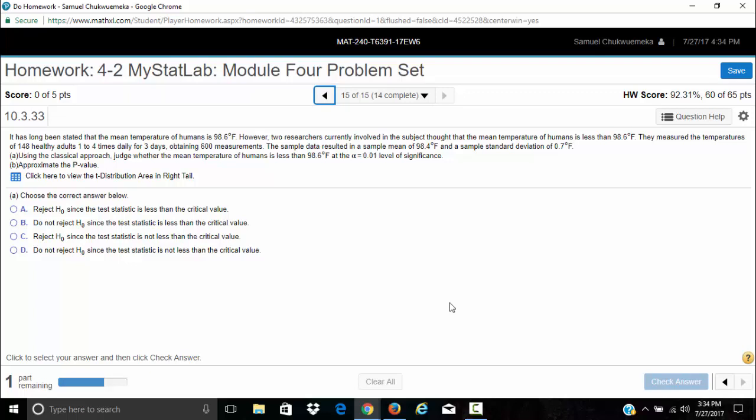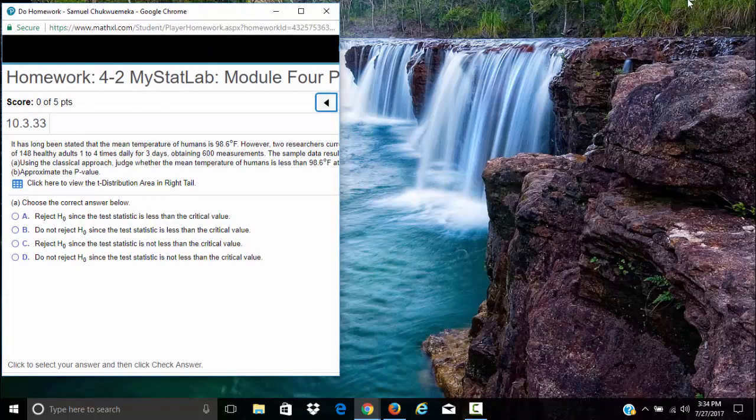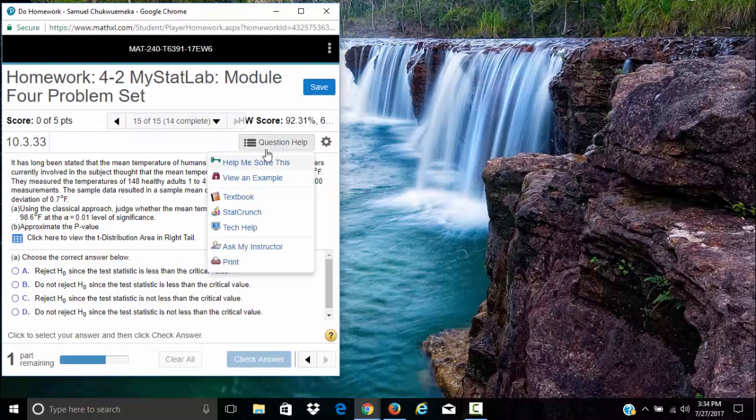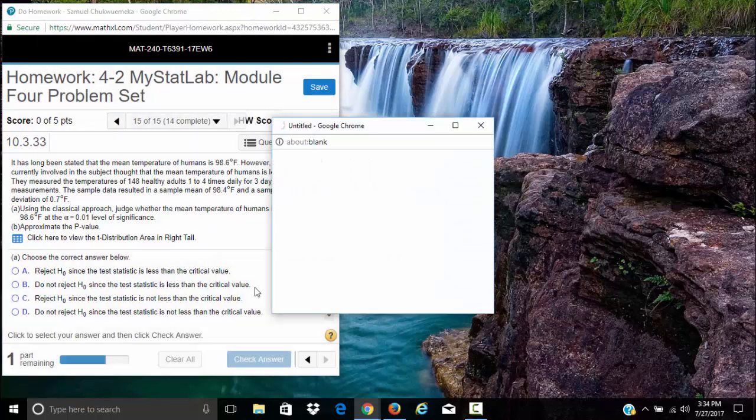Using the classical approach, judge whether the mean temperature of humans is less than 98.6 degrees Fahrenheit at 1% significance level. And then B, approximate the p-value. Question help, StatCrunch.